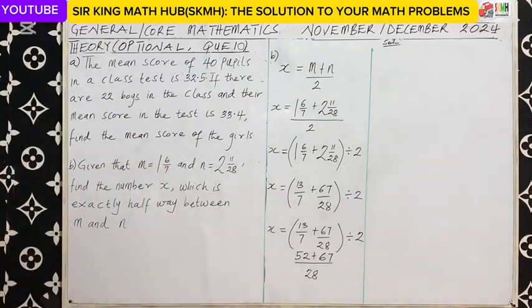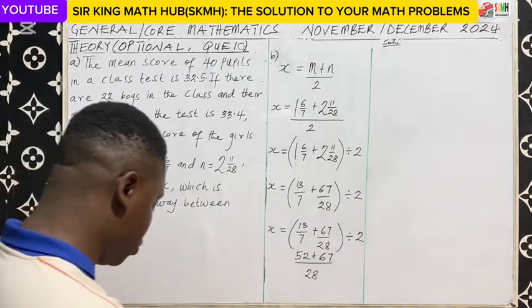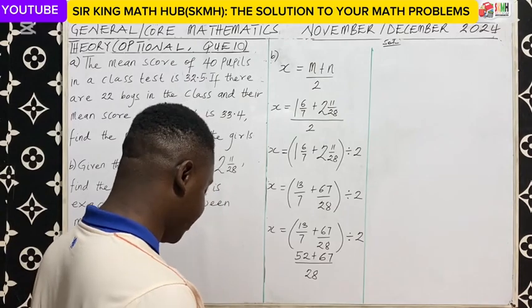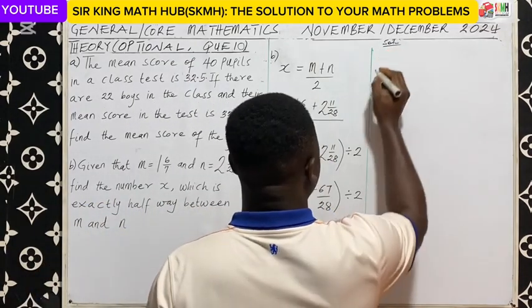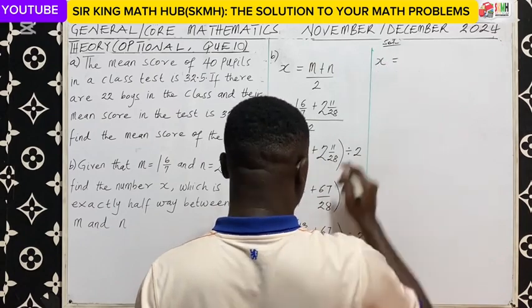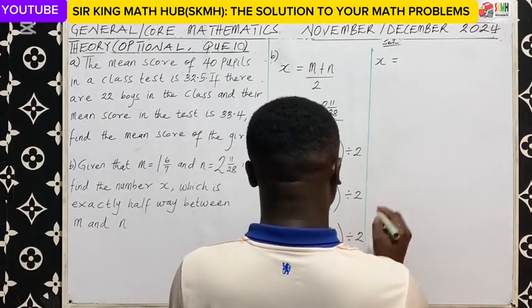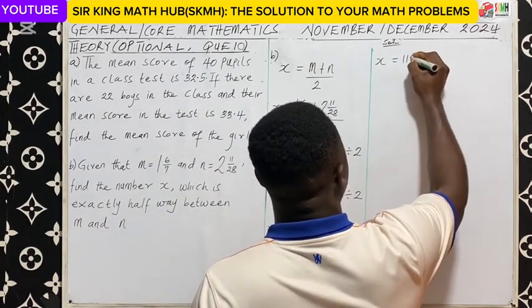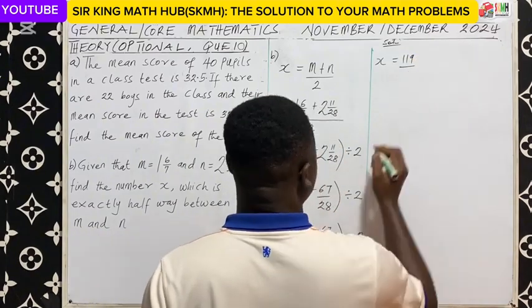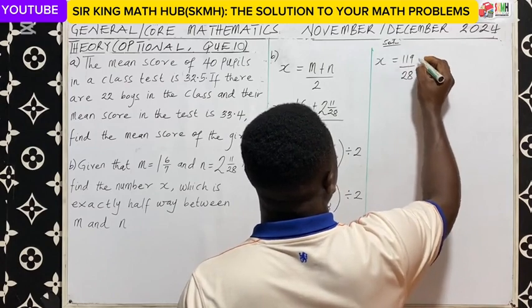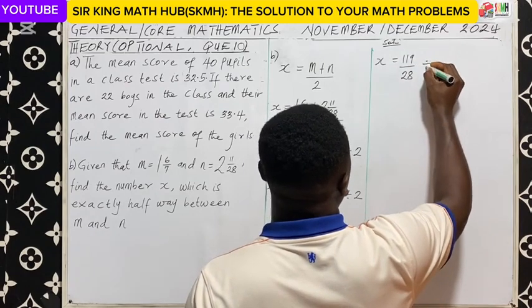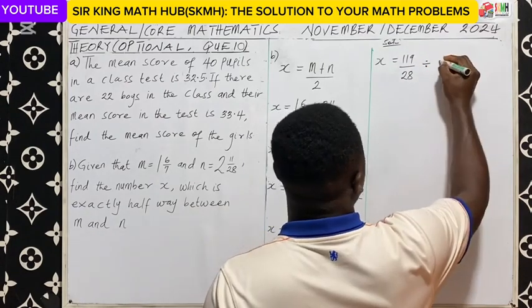So now 52 plus 67. So we have x is equal to 52 plus 67, 119 divided by 28. And this fraction divided by 2.